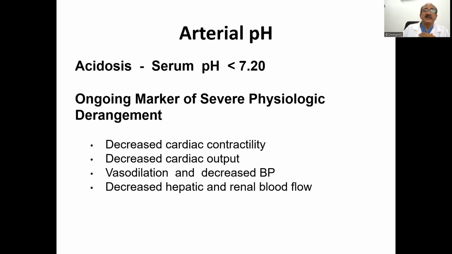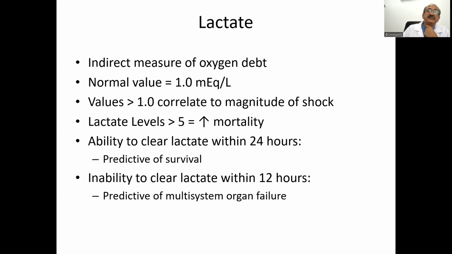If it is less than 7.2, these are ongoing markers of severe physiological derangement. It can affect the cardiac contractility, cardiac output, vasodilatation, and decreased blood pressure. And the last consequence is decreased hepatic and renal blood flow.